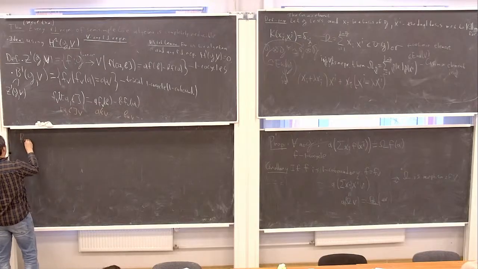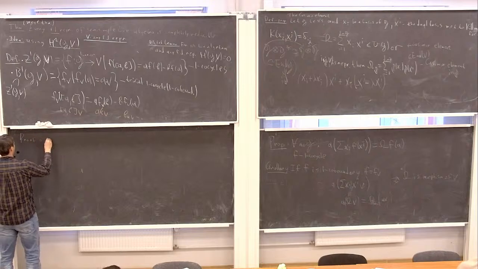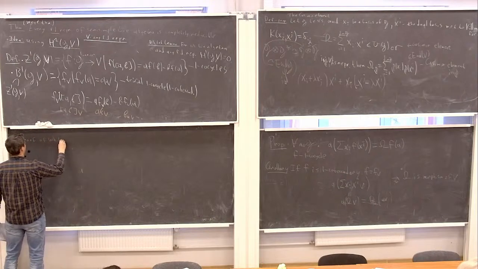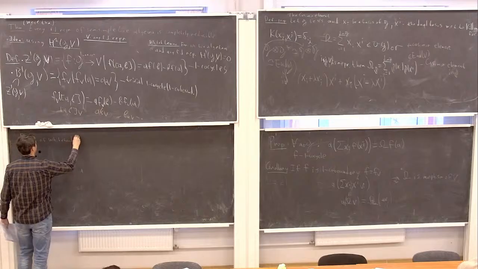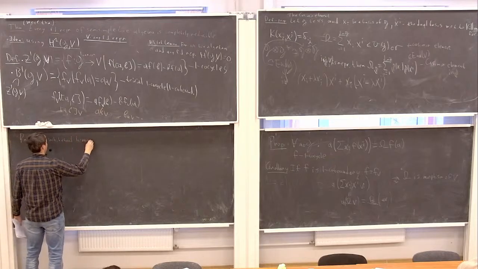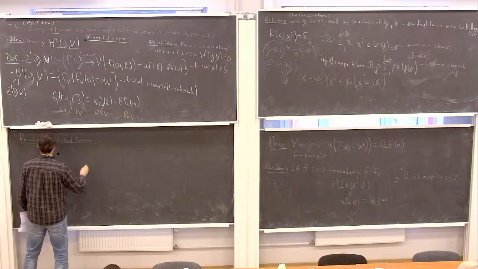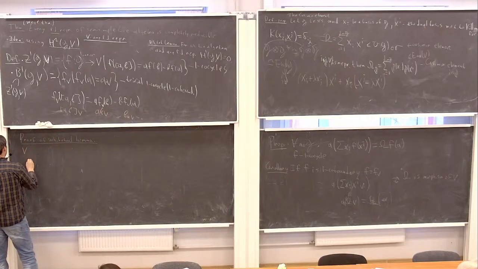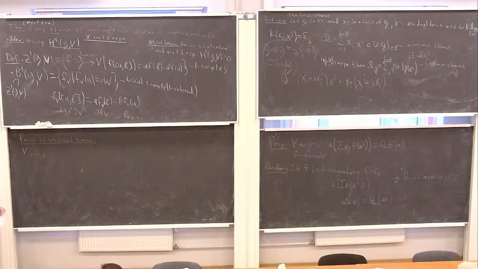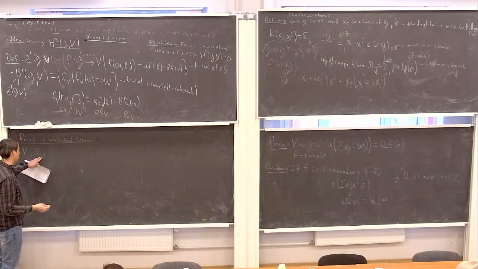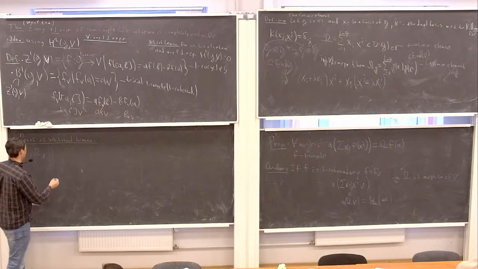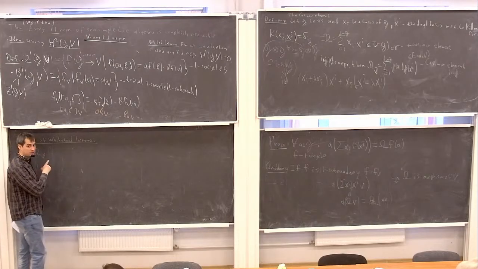Proof of Whitehead lemma. So consider omega. So we have representation v. Consider omega rho. Omega rho commutes with the action of the representation. If you have some element which commutes with the action of v, it's some linear operator, right?